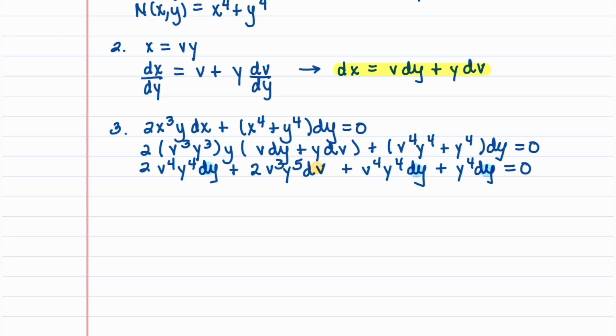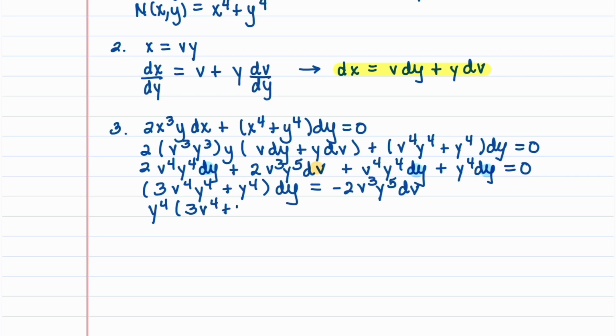Let's keep the dy terms on the left. This gives us (3v to the fourth y to the fourth plus y to the fourth) dy, and then we'll bring the dv to the right, and that gives us minus 2v cubed y to the fifth dv. Let's do one last thing, and let's factor out the y to the fourth. So we have (3v to the fourth plus 1) dy, and then our right-hand side stays the same.